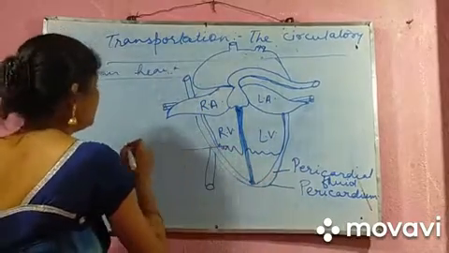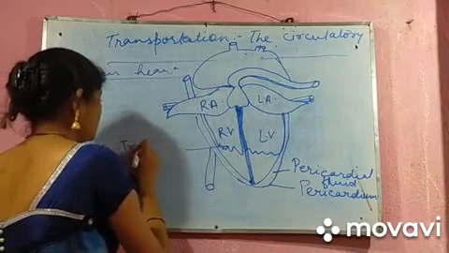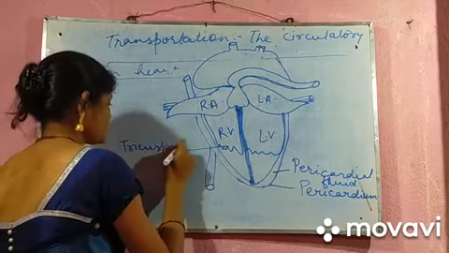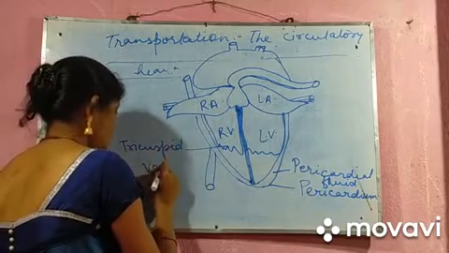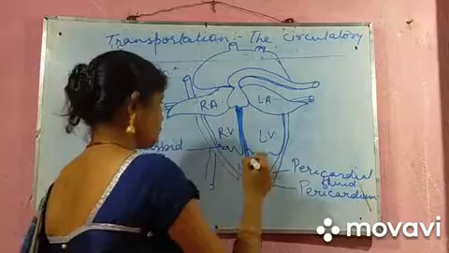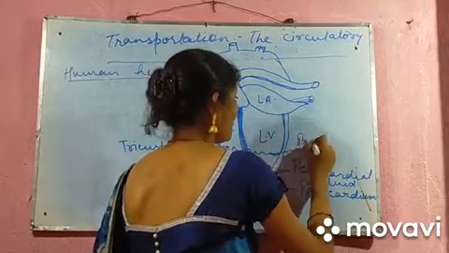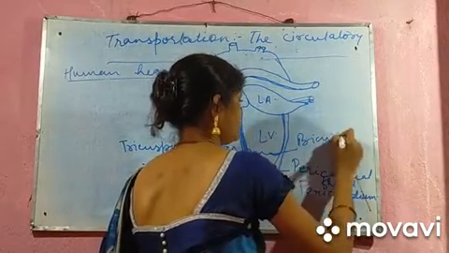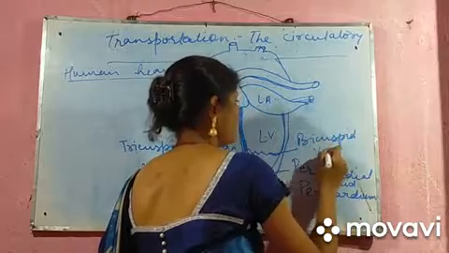This is the tricuspid valve. This one is the bicuspid valve.